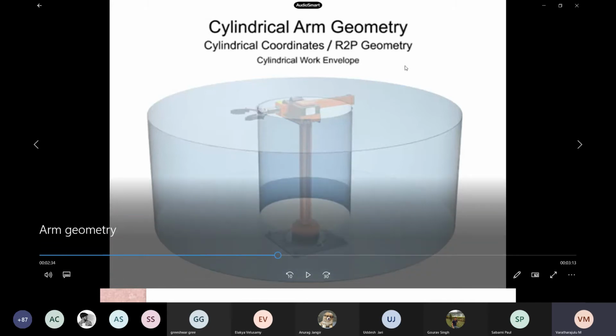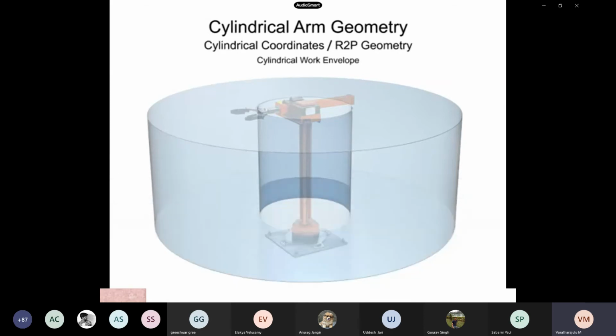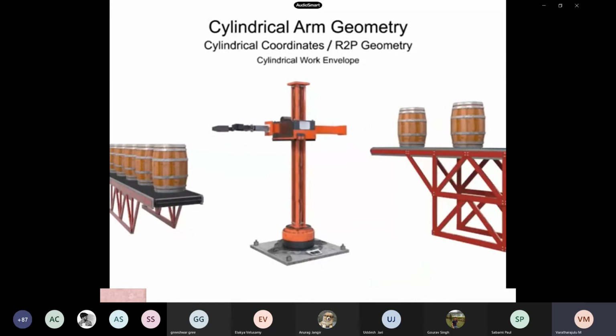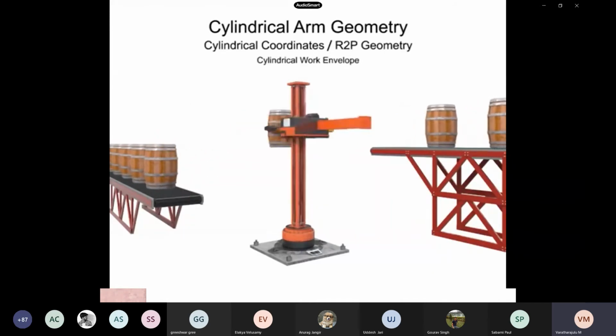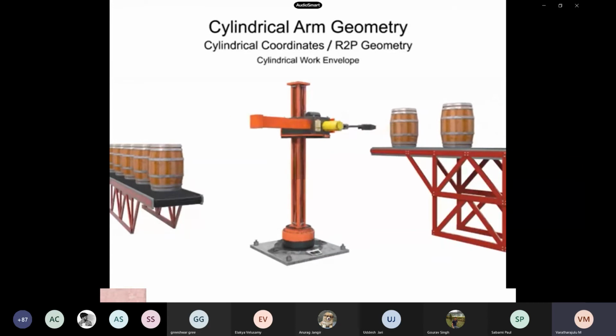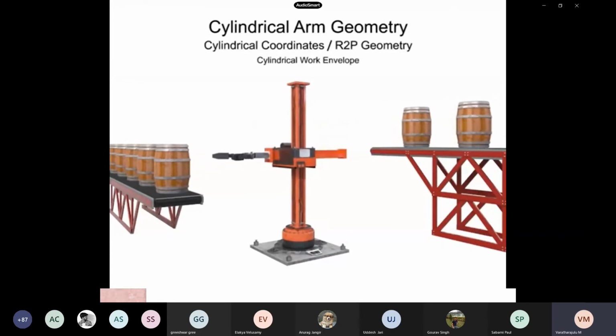The outer cylinder is the largest possible, and the inside cylinder is the shortest possible. Additionally, the robot structure allows for quick movements with high repeatability, a smaller use of floor space, and a larger payload capacity due to structural rigidity.